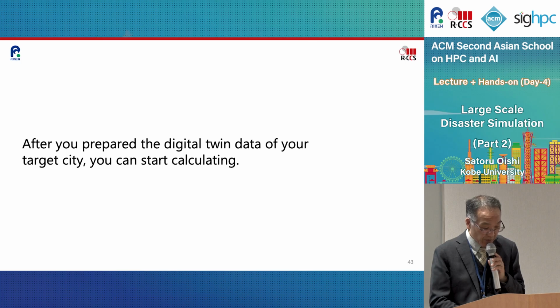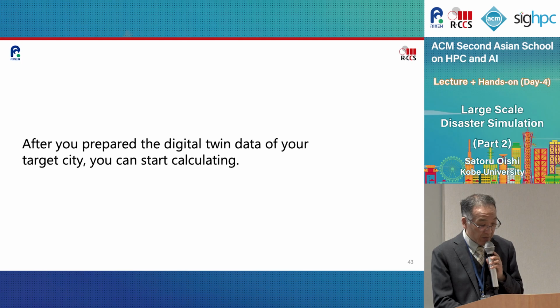Maybe around here you may have some tags. Open data, yeah. So maybe you may have some tag, the open data tag. So the G-Space Information Center, and I'm sorry it's in Japanese.